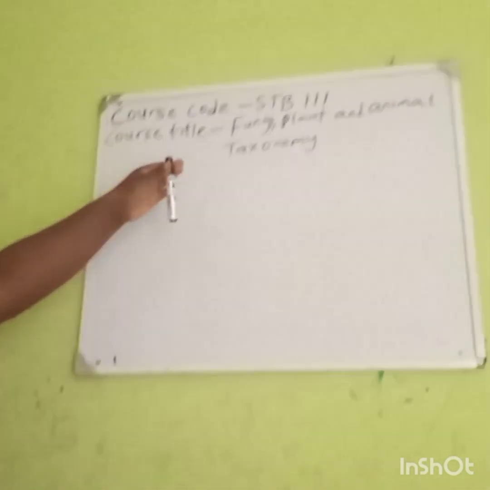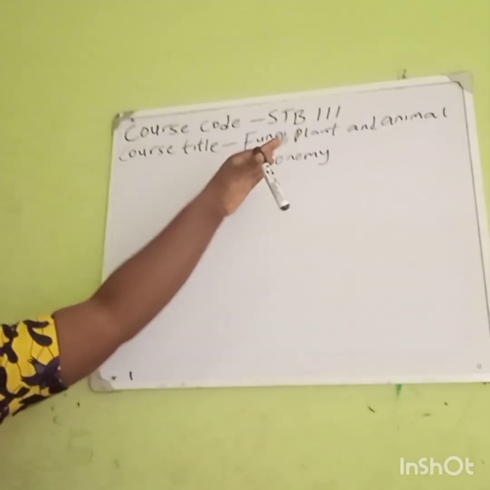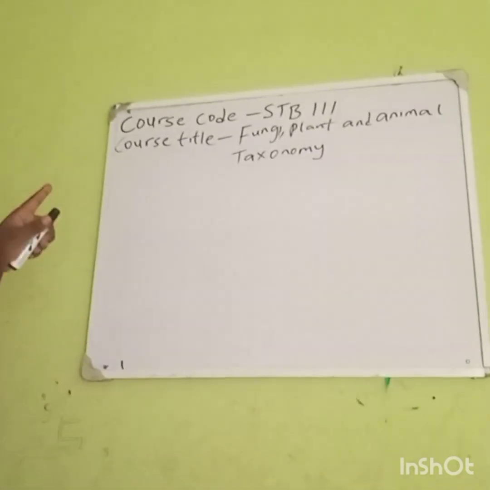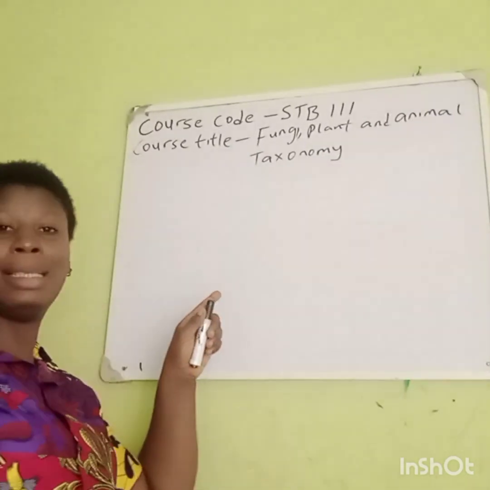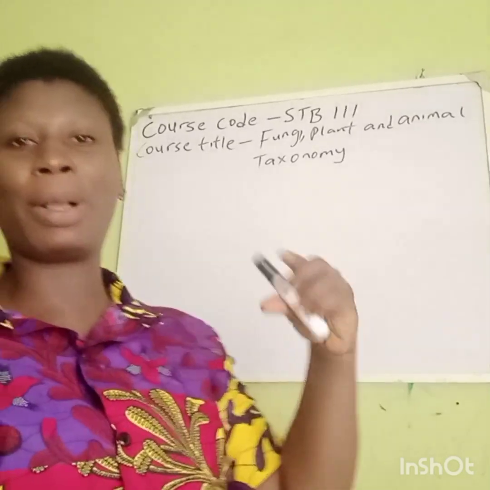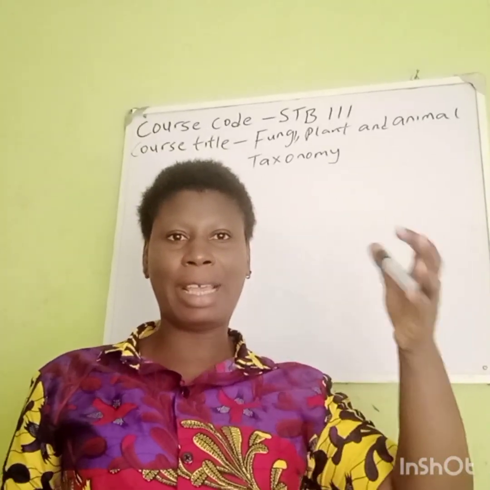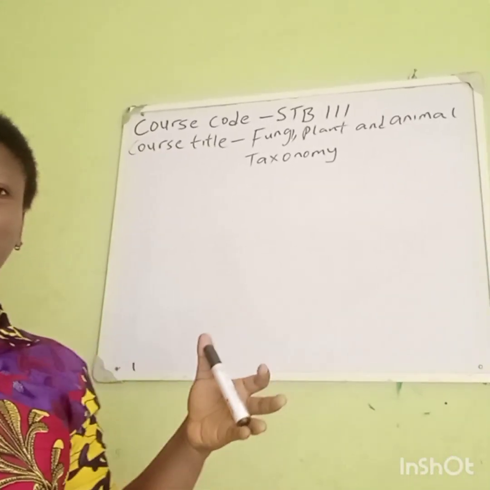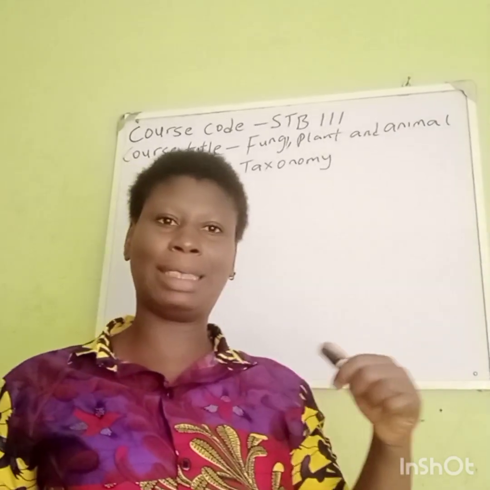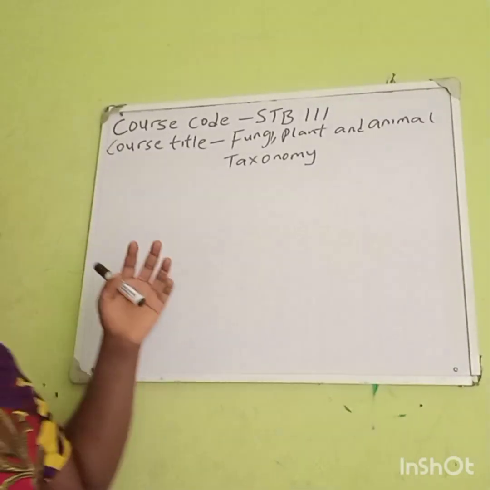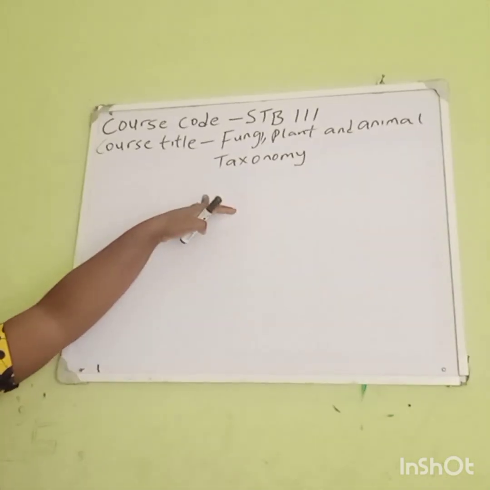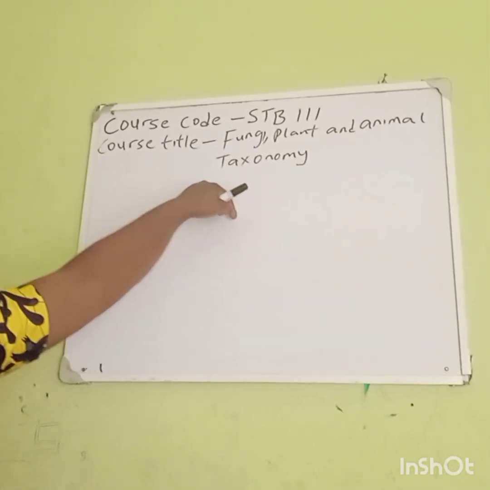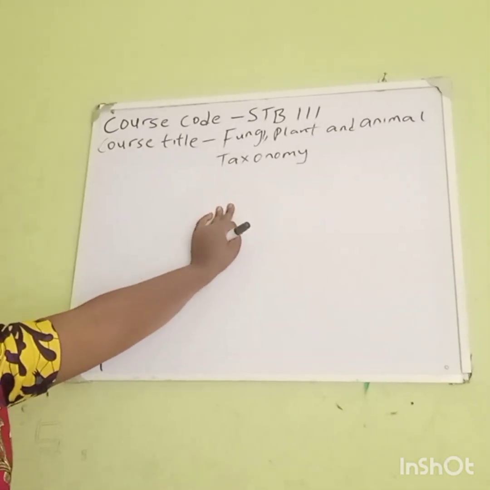The course title is Fungi, Plant and Animal Taxonomy. It is an ND course, a diploma course for the first year National Diploma. It is their first semester course. I'm going to introduce you to this course. It is a biology related course. It is what you see in biology.